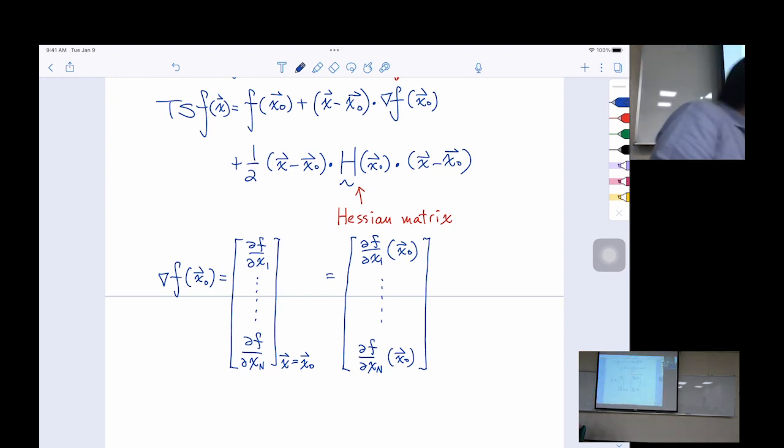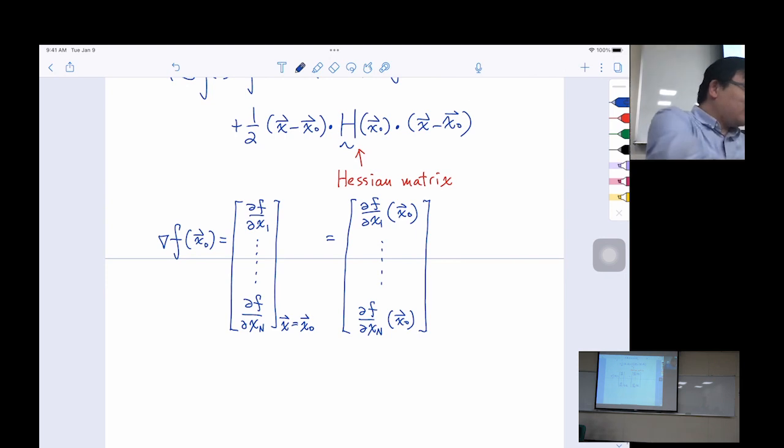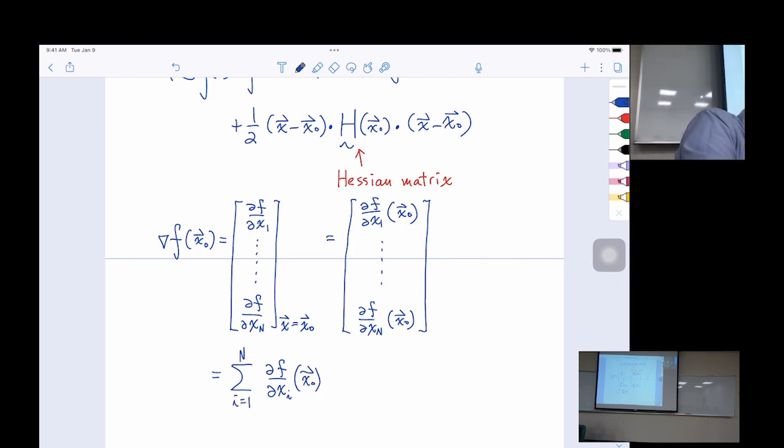Because if you want, you can write a gradient into different forms, right? A vector could be the summation of partial f partial xi, plug in x0, i from 1 to n, but you need unit normal vectors, so ei. Do you know what is ei? So e1, e2, e3, you may not be familiar with. How about ijk?